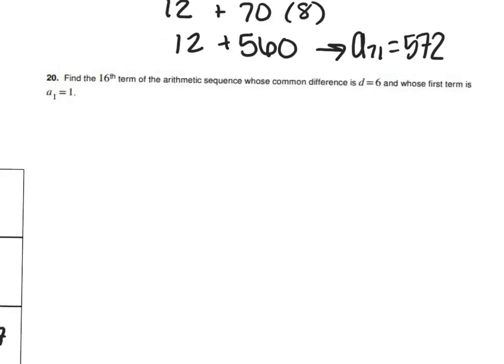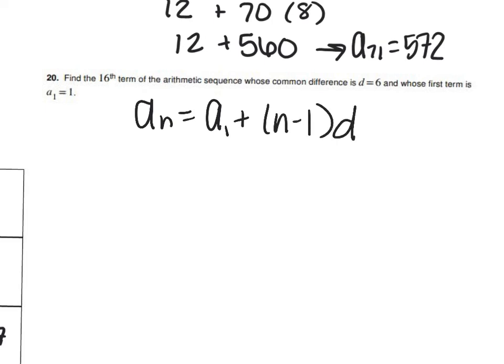Question 20 says, find the 16th term of the arithmetic sequence whose common difference is D equals 6 and whose first term is A sub 1 equals 1. So the first term is 1. I'm going to use my formula and just fill out what I know.